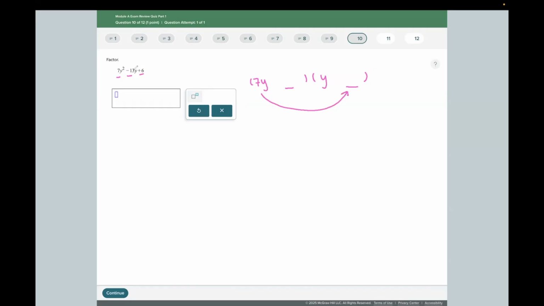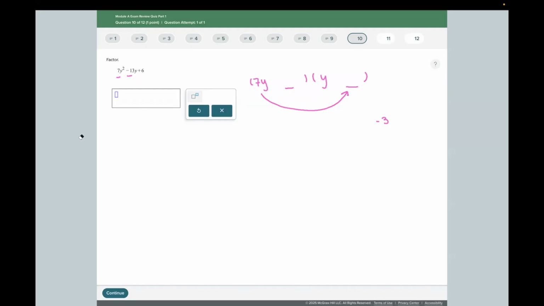So for 6, and because I need a negative 13, what if we did something like, I'm thinking, yeah, what if we did negative 3 and, oops, not 6, sorry, 2. Actually, that's not going to work the way I anticipated. What if, oh, sorry.